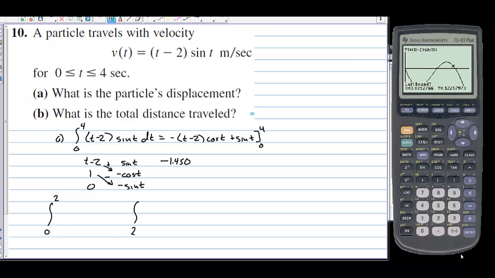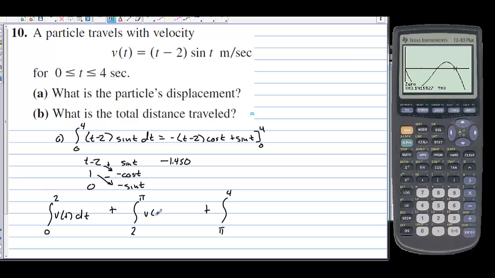We need left bound, enter, right bound, and then we'll guess right there. And the other zero is 3 point, it's pi. So 2 to pi. And then we'll add that to pi to 4. And these are all of v of t.